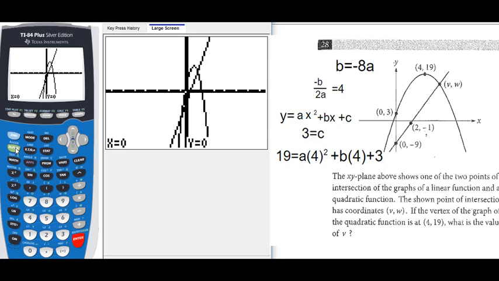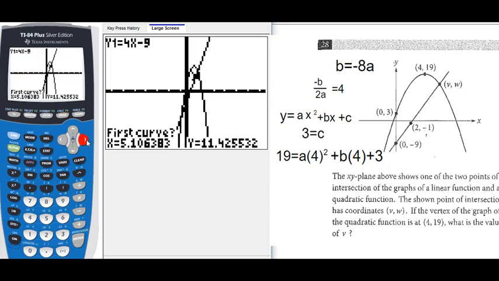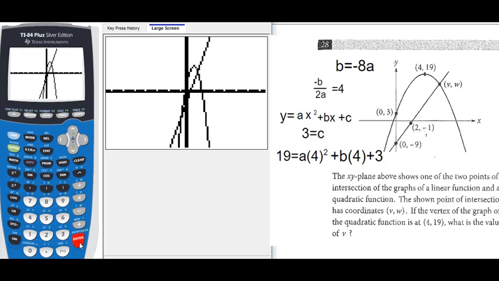That's why I do the second trace 5, and I want to move the arrow to close there. So I press enter, enter, enter. That's how you get x equals 6 and y equals 15. But we're looking for that v.